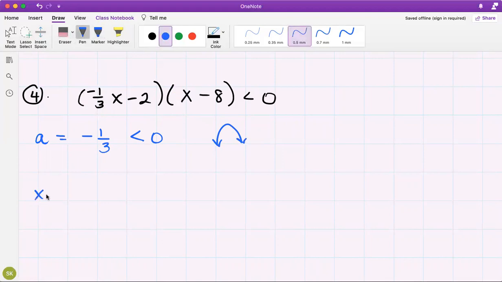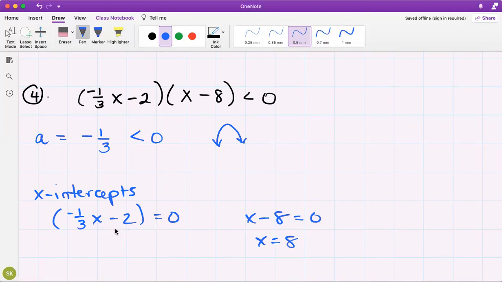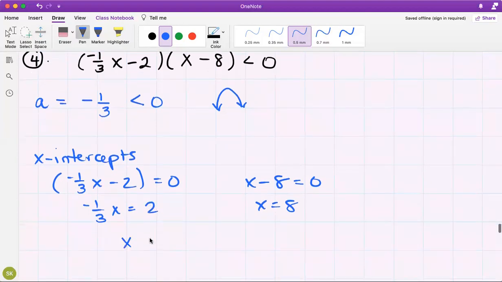Let's write our x-intercepts. We're going to have to set each one of these pieces equal to 0. So we get x is 8, and negative 1/3 x is equal to 2. So x is going to be negative 6. Multiply by 3 and then divide by this negative 1. So we have -6 and 8.